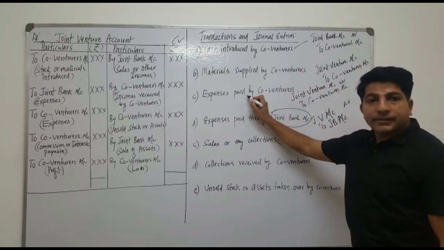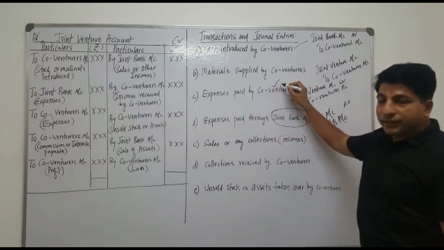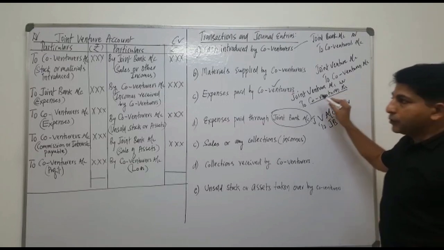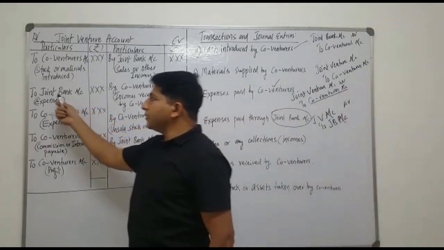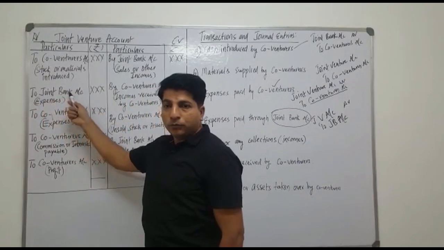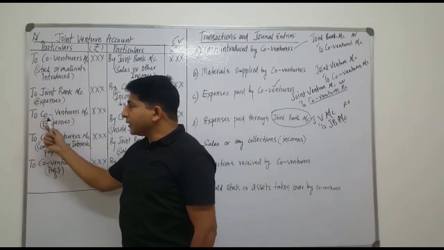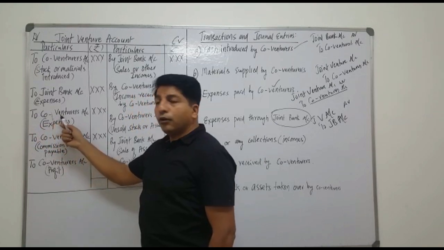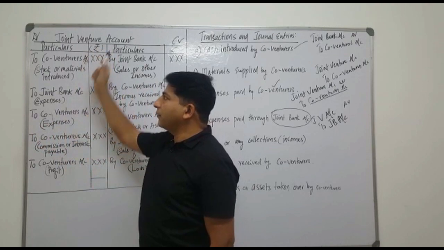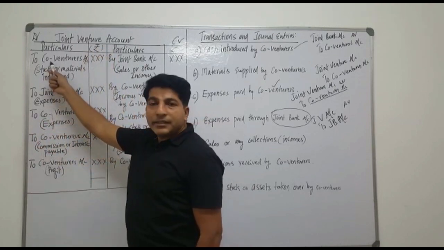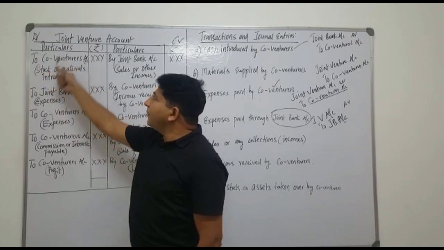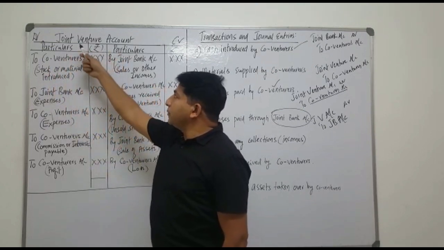When expenses are directly paid by the co-venturers, here co-venturers account is credited. So for expenses made through joint bank account, you have to write joint bank account. If any expenses incurred by the co-venturers, you have to write the name of the co-venturers in debit side of joint venture account. If the material is supplied by the co-venturers, write their name in debit side of joint venture account.